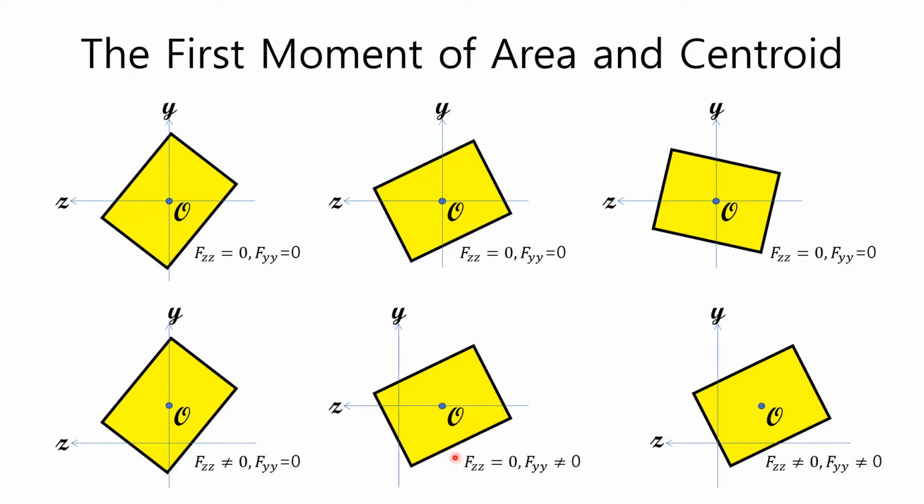That for the other axis is not 0, as shown in these two cases. When the origin of coordinate doesn't locate at the centroid, the first moment of area is not 0 with respect to both axes.